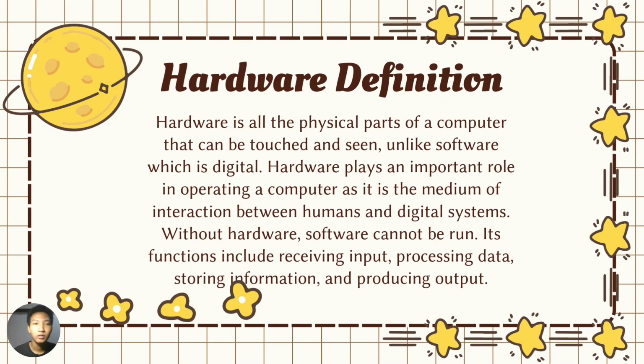Next, hardware definition: hardware is all the physical parts of a computer that can be touched and seen, unlike software, which is digital. So, in short, hardware is a medium connecting hardware and software, which handles input, process data, and so on.